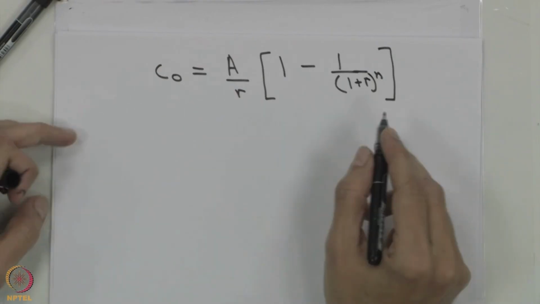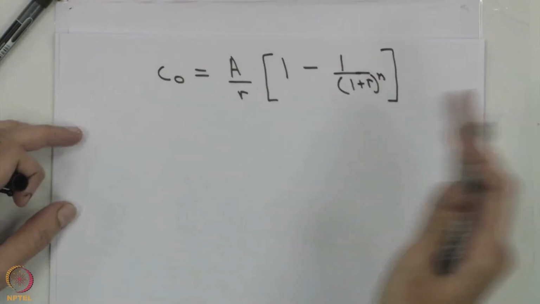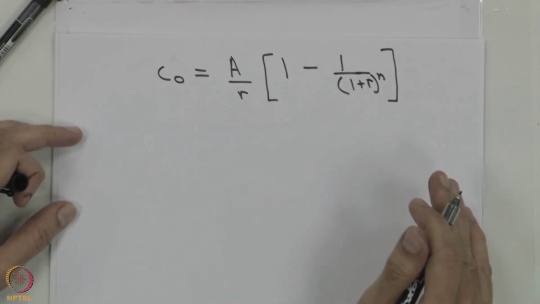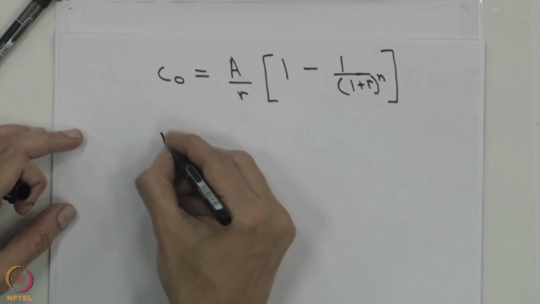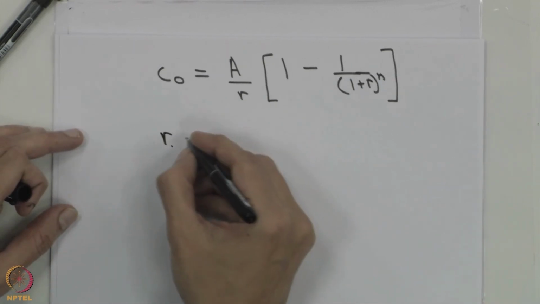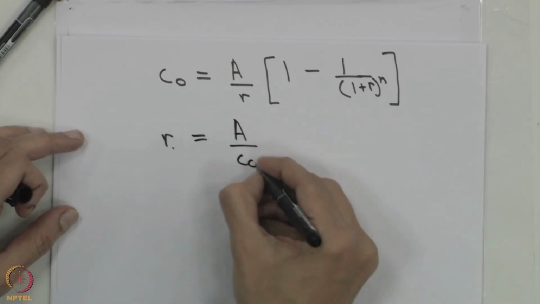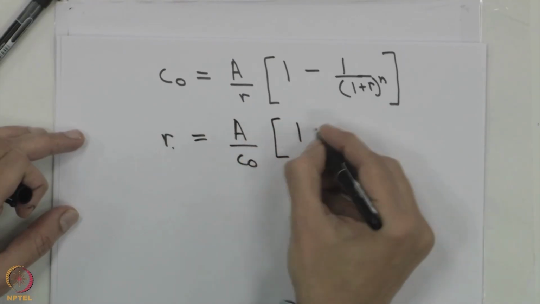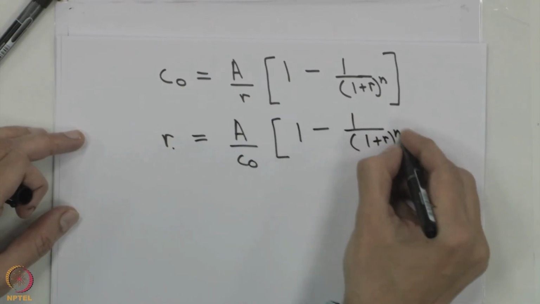One of the simplest ways is, of course, the bisection method. You can find many ways in which you can solve for this root, but one of the simplest methods is to take this as R equal to A by C0 times 1 minus 1 by (1 plus R) raised to n.